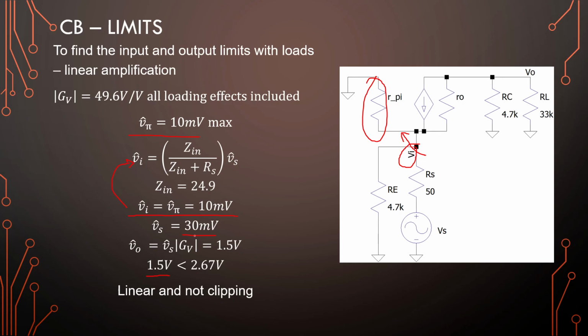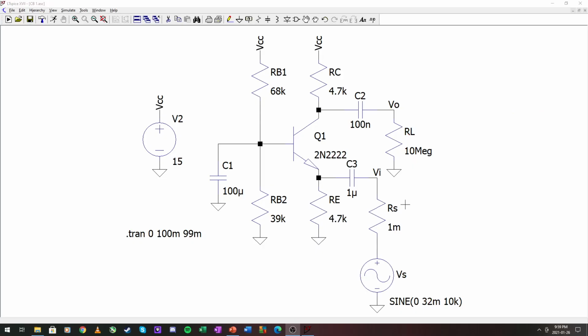Okay, so the common base is exactly like the common emitter, with only this input impedance being much smaller. So let's go over to the simulation. Alright, here's our simulation.